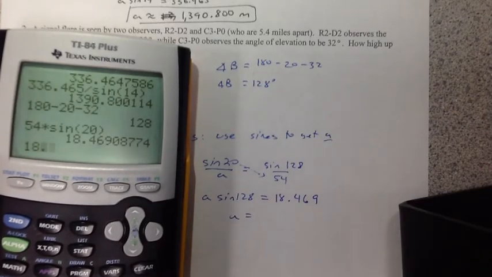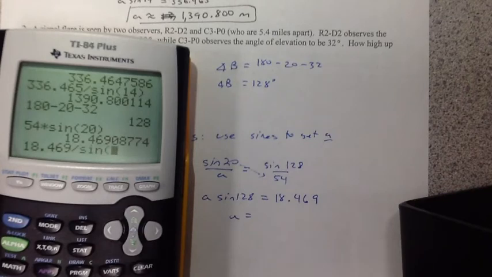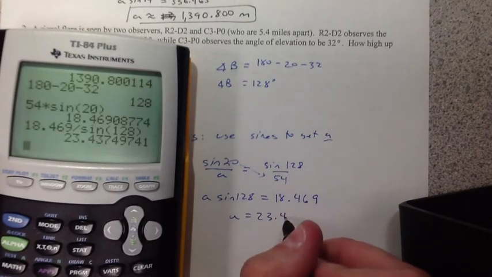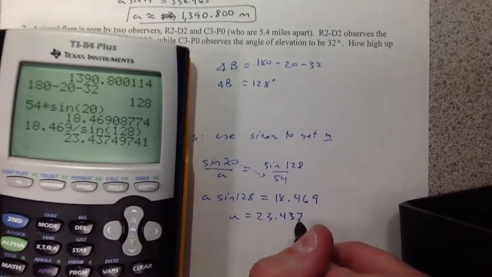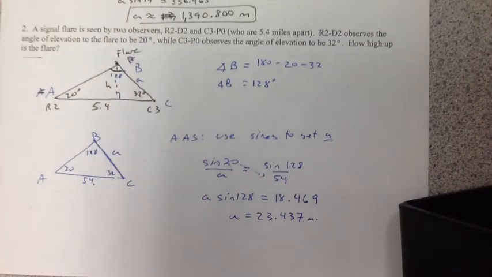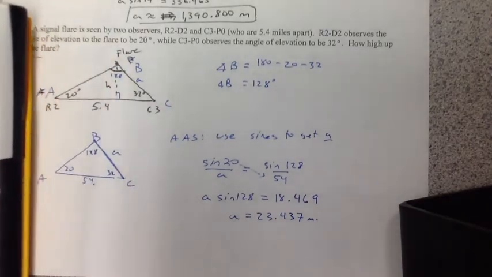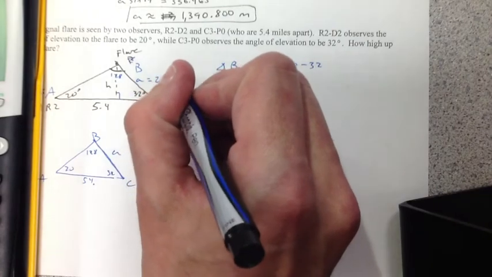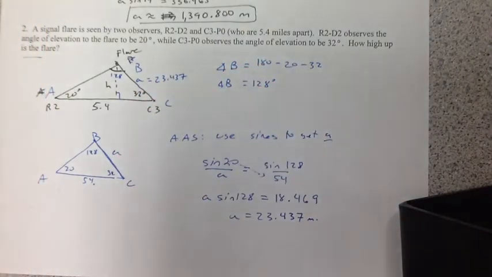So I take the 18.469 divided by the sine of 128, and I get 23.437 miles. Wow. That's a lot. 23.437. And now we're ready to actually get the answer.